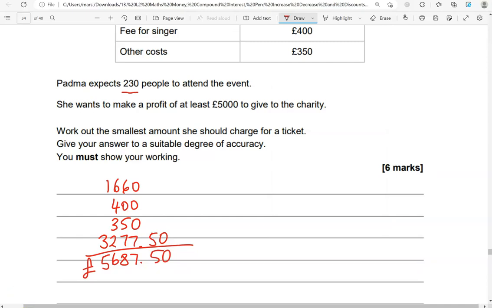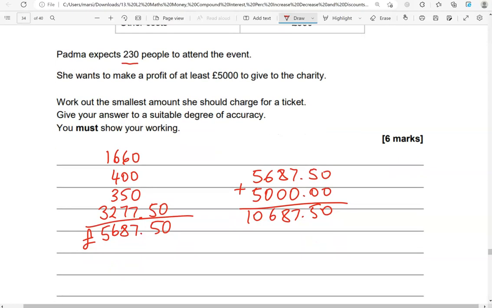We need to add 5,000 to that, because she needs to make a profit of 5,000. So that's how much she should charge in total. So £10,687 and 50 pence.